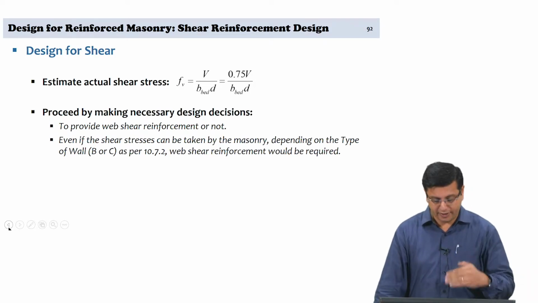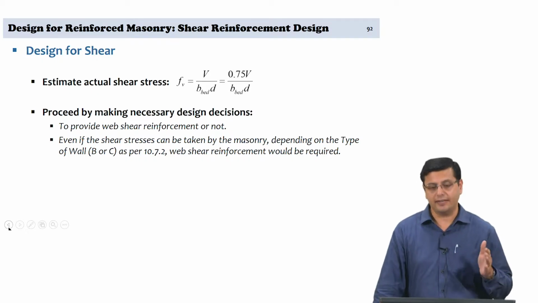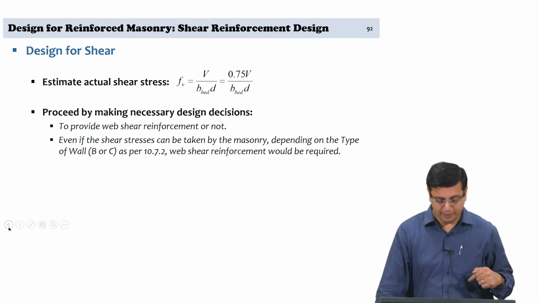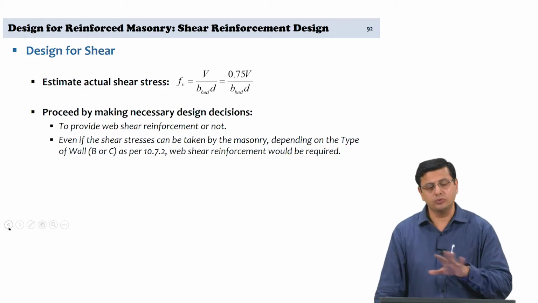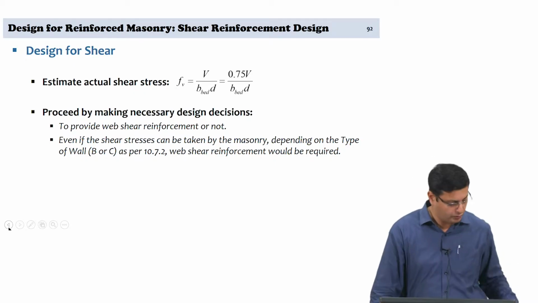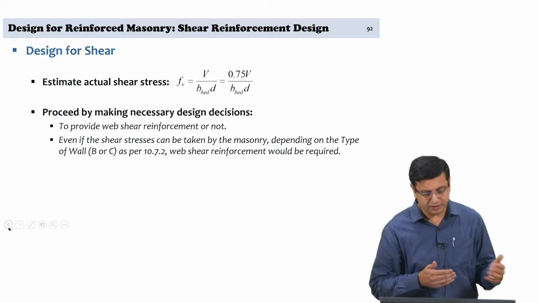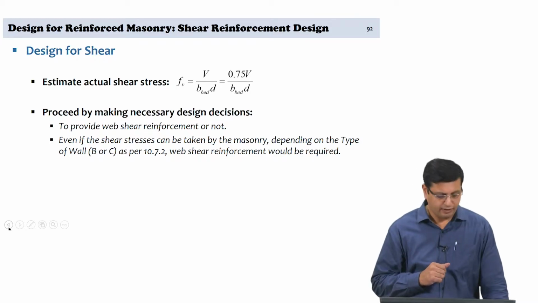And this is where I recall the requirement that particularly with wall type B or wall type C, now that you are designing the masonry wall, the web shear reinforcement as required by 10.7.2, we will examine for wall type C in a moment, needs to be provided even if the masonry can actually take all the shear stress coming onto the wall.